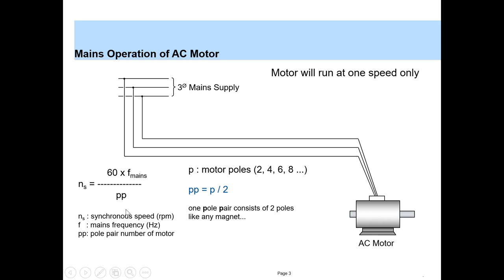So if you have a look at this, your frequency is constant and cannot be changed because it's directly connected to the supply, and the number of pole pairs is the same. So you have this constant ns, and your motor will run at only one speed, right? You cannot have a variable speed. Now let's say you have a pump application, and you have a motor rated at, let's say, 1500 rpm.